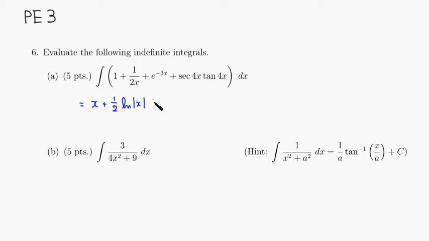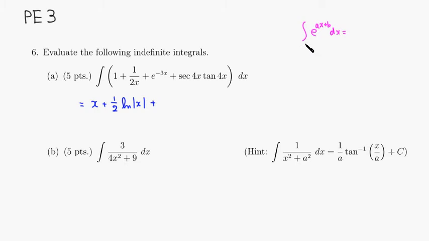Then we have the antiderivative of e to the negative 3x. This is one of the tricks. When you have the integral of, say, e to the ax plus b, this only works when you have a linear function inside.